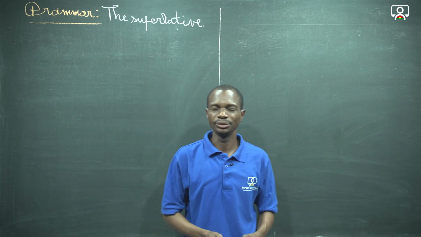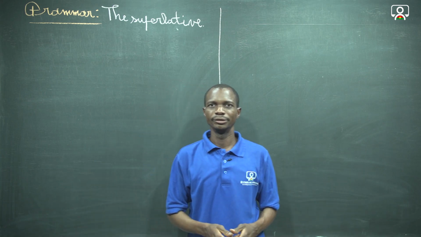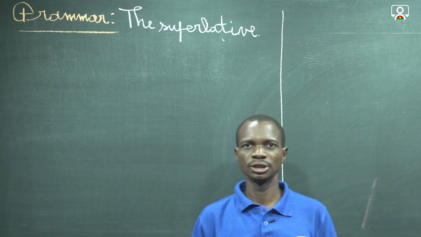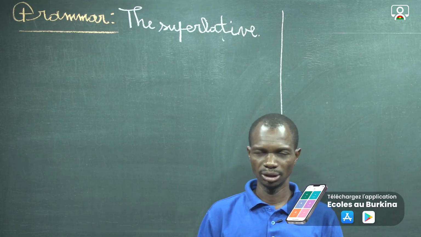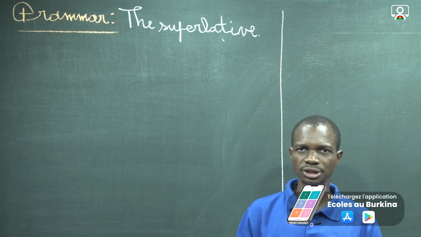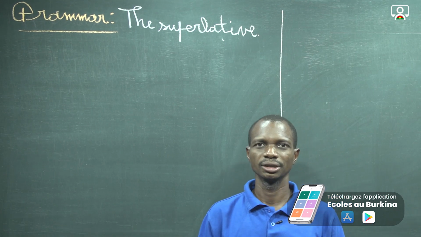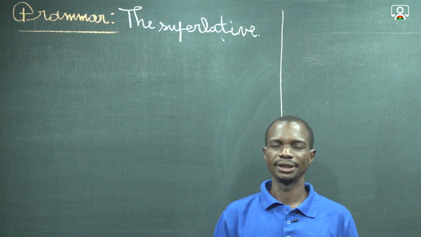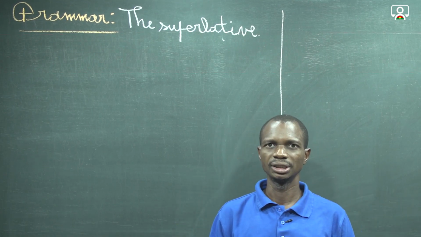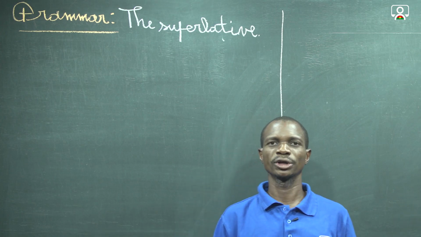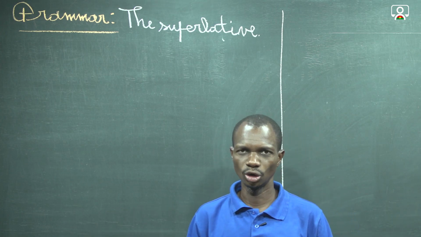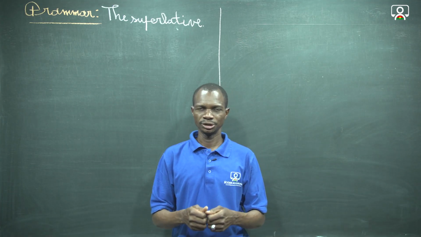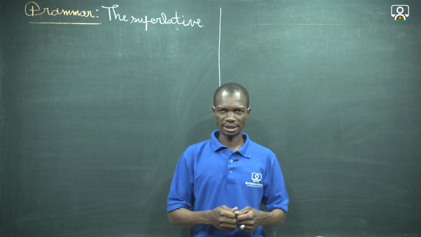Okay, last time we covered the comparatives because we compare two things. We can also compare two persons, and two animals. And we explained how to recognize the short adjective and the long adjective because it's important in terms of comparisons.